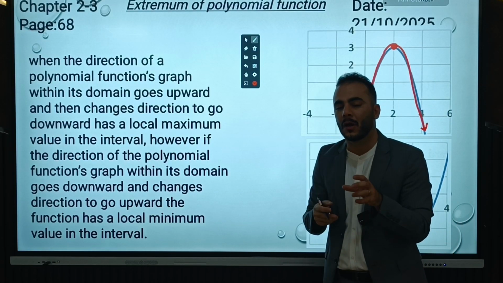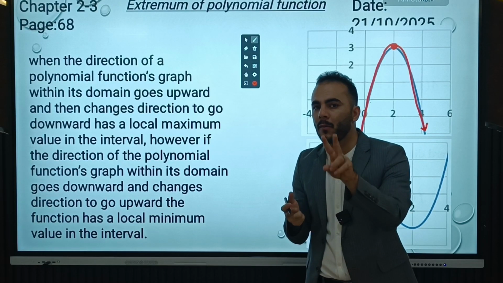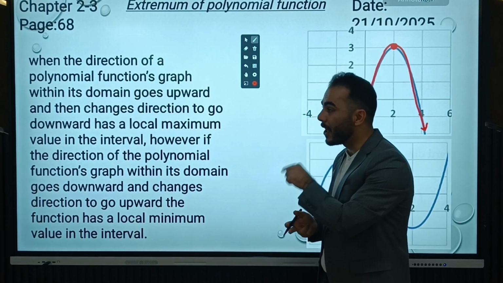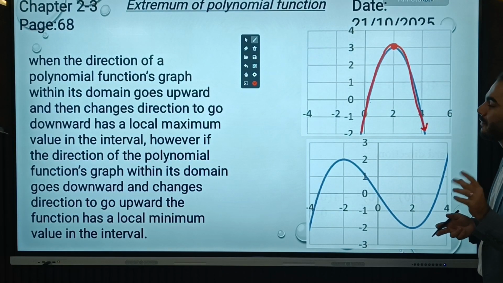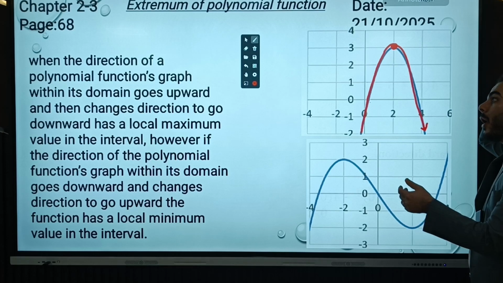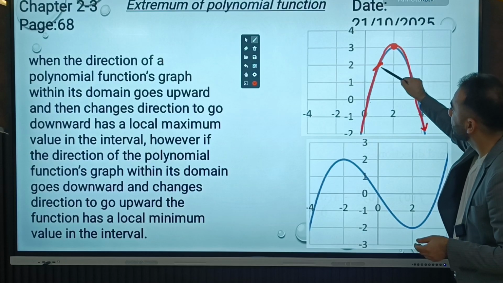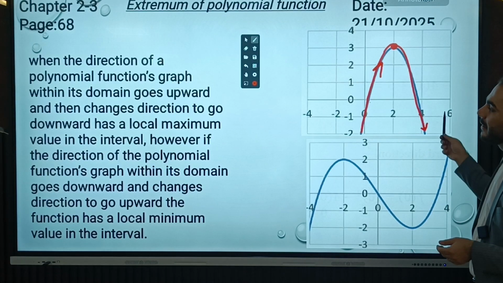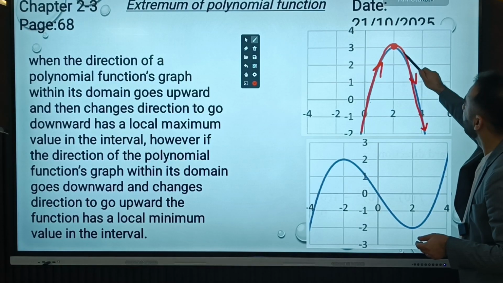Both of them are included in grade 12, so try to learn it right now and make it easy for the rest of this journey that you have in front of yourself. When the direction of a polynomial function's graph within its domain goes upward and then goes downward, it has a local maximum, and vice versa in its interval.